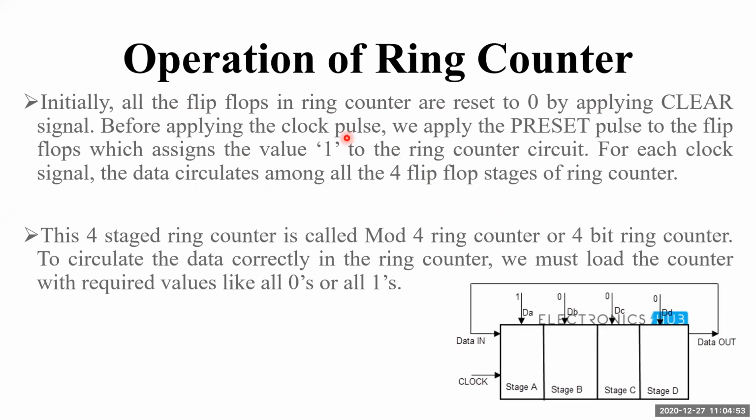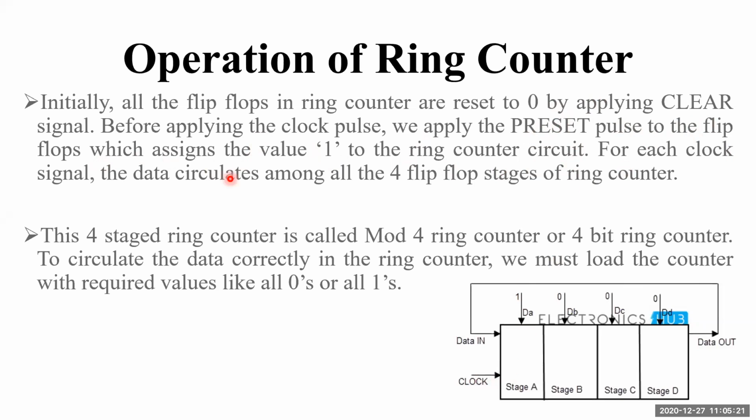Before applying the clock pulse, we apply the preset pulse to the flip-flops, which assigns the value of 1 to the ring counter circuit. You can see it now. Initially, it will be made 1.